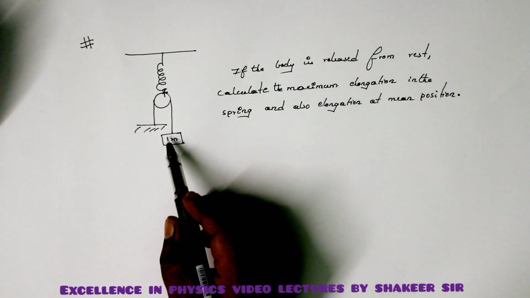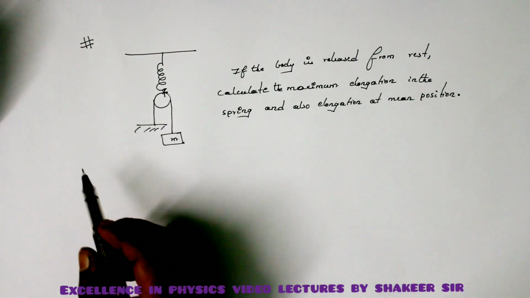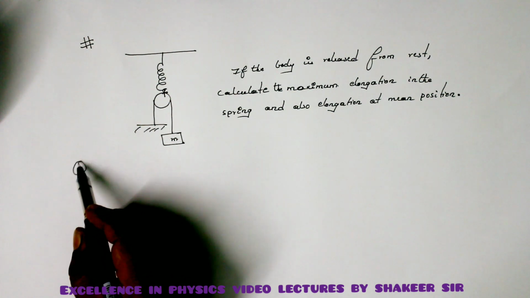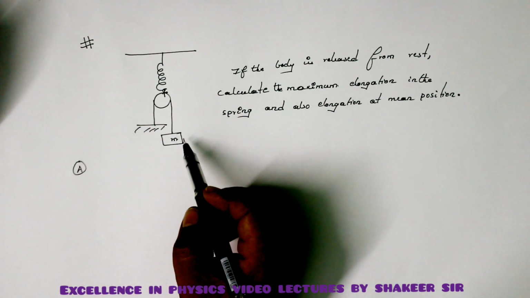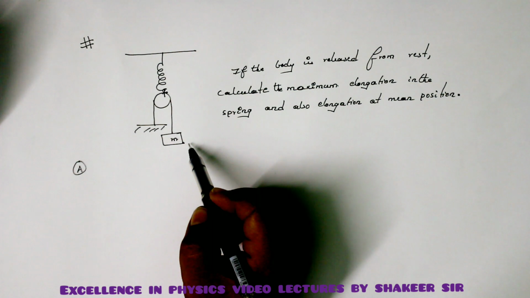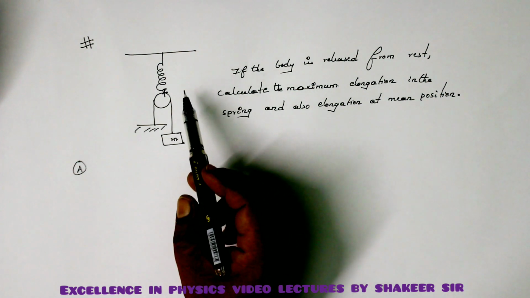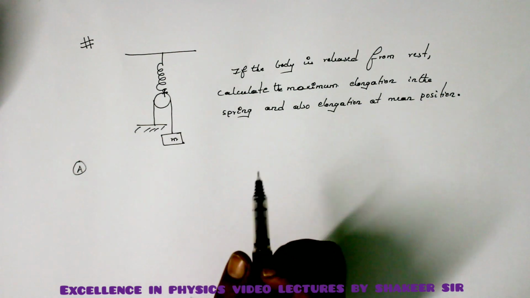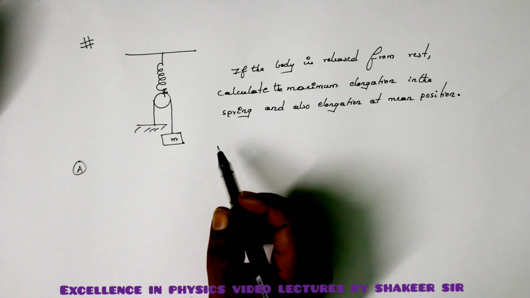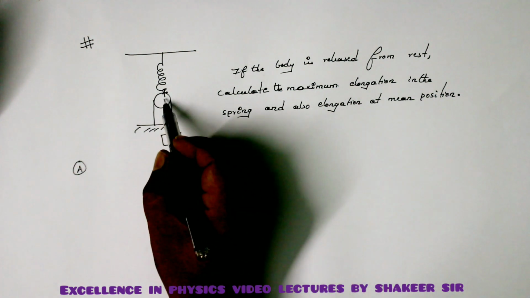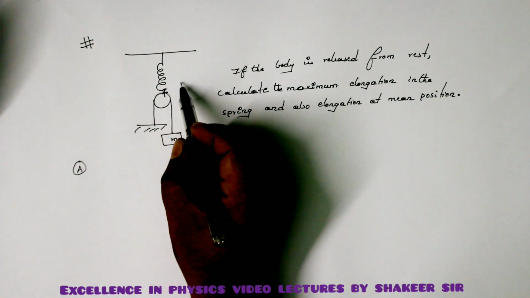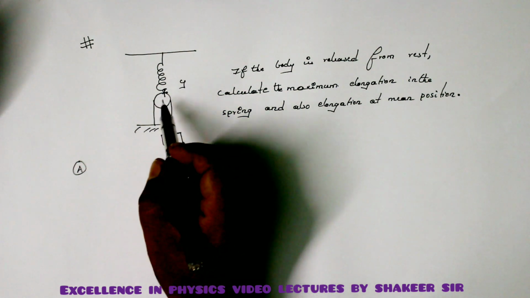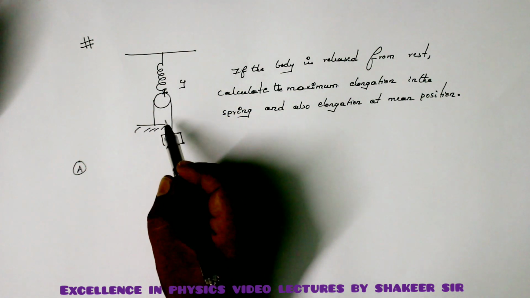So initially when I release this mass, then what will happen? This mass may come down by a distance, and then we are supposed to find out what will be the elongation in the spring. For example, if the elongation in the spring is y, it means that this spring is attached to this pulley.